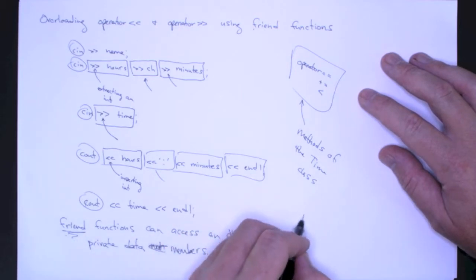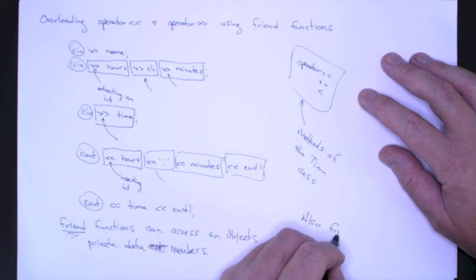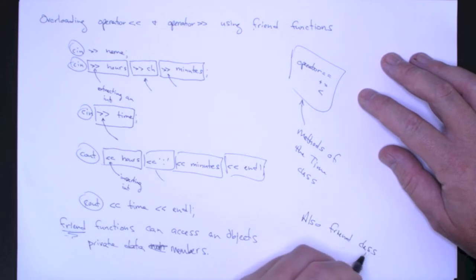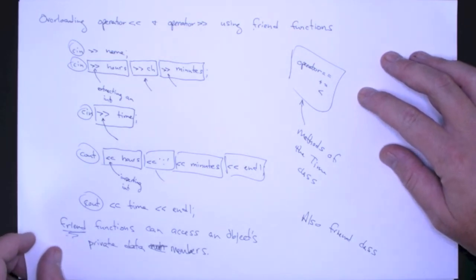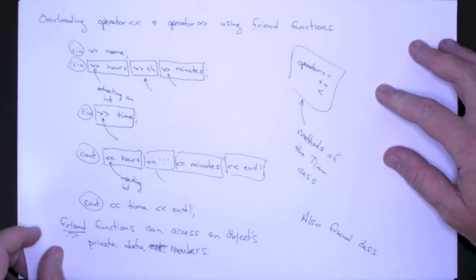There's also the notion of a friend class, and again, you can define a class that has access to an object's private data members, so you can avoid going through the public interface. But we're doing it for efficiency so that we can just refer directly to the private data members, and we can avoid going through, in some cases, the get methods. We're still going to use the set methods just because we want to make sure that we apply our data integrity checks.